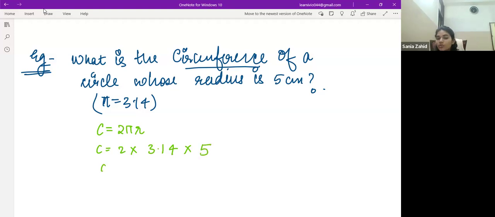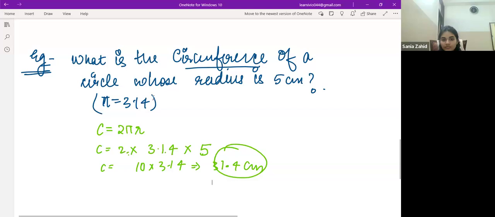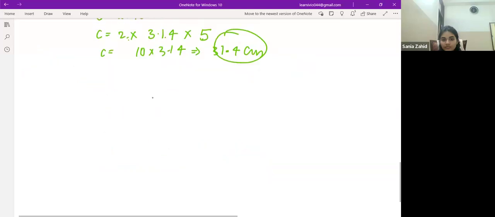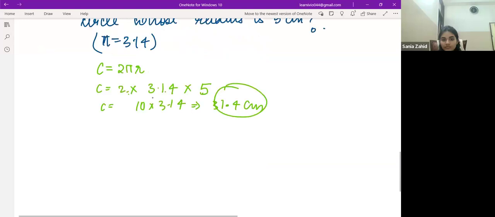So circumference becomes 2 into 3.14 into 5. So first you do 2 into 5, which is 10, into 3.14. So it becomes 31.4 centimeter. Understood? Yes, ma'am. Clear, students? Yes, ma'am.